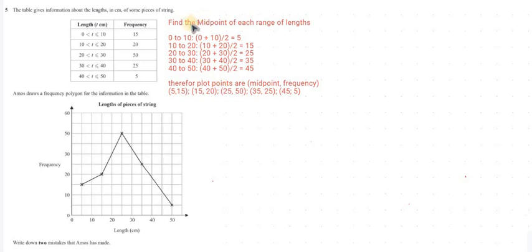Okay. Now that we've found the midpoint of every length, we specify the plot points. So the midpoint for that one is 5, so we plot 5 to 15. Okay, that's correct. Second one is 15 to 20. That's correct. Third one, 25 to 50. That's correct.